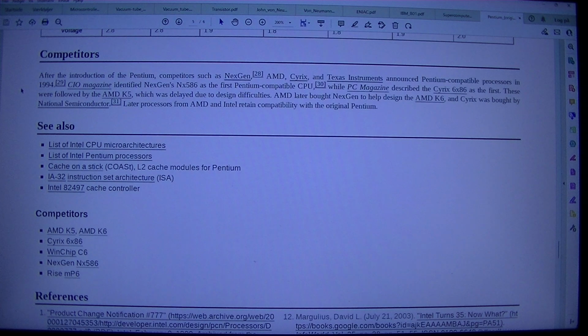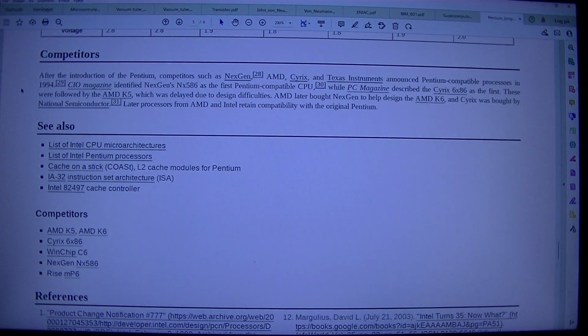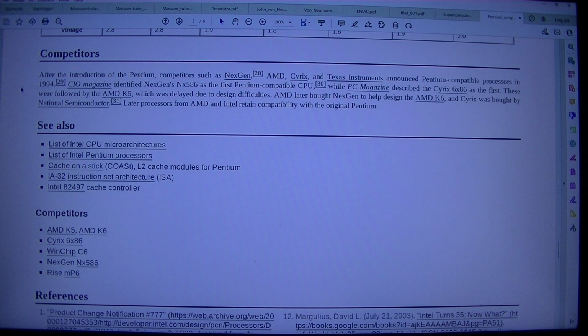See also. List of Intel CPU microarchitectures. List of Intel Pentium processors. Cache on a stick, COAST, L2 cache modules for Pentium. IA-32 instruction set architecture, ISA. Intel 82497 cache controller.